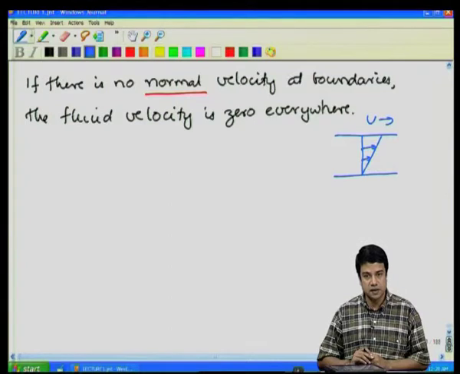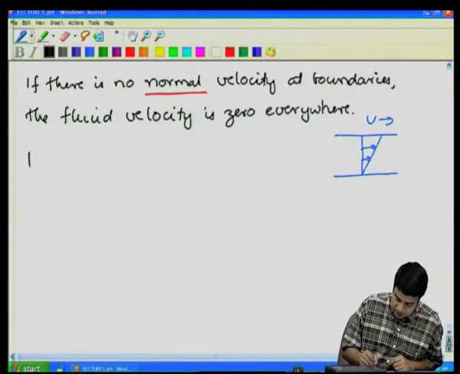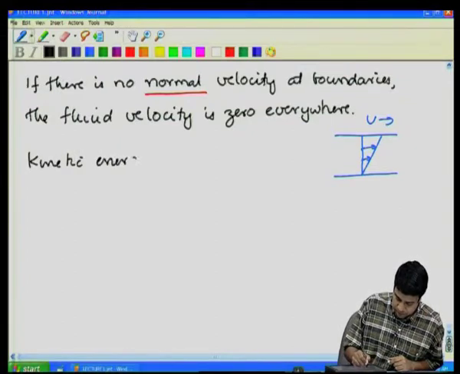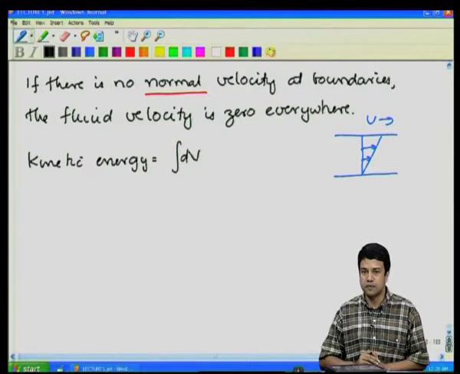This is an exact result, and I will briefly show you how that comes about. The total kinetic energy is the integral over the entire volume of the kinetic energy per unit volume. The kinetic energy is mass times the velocity square.